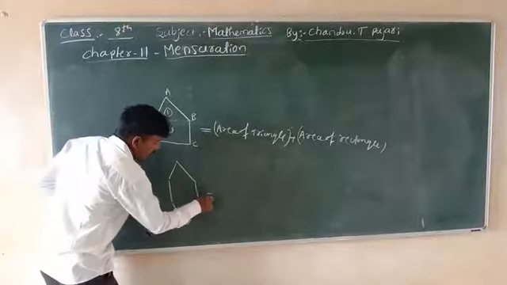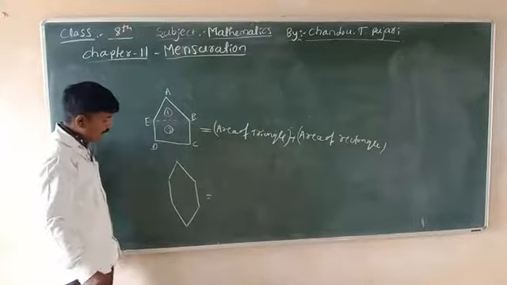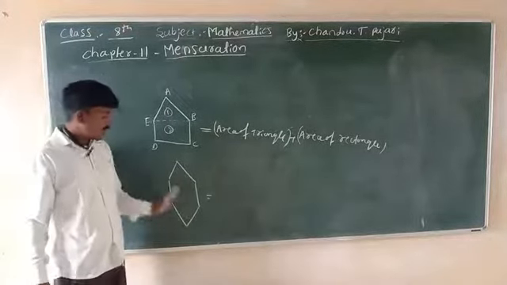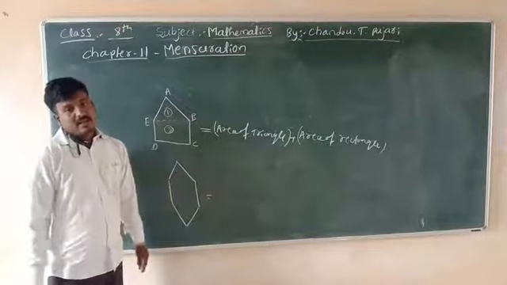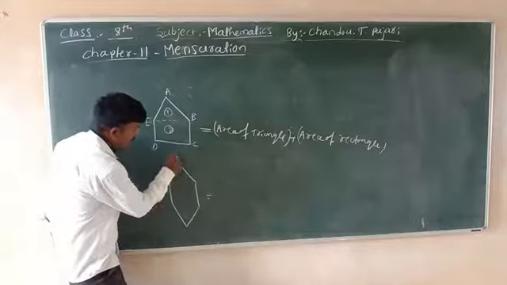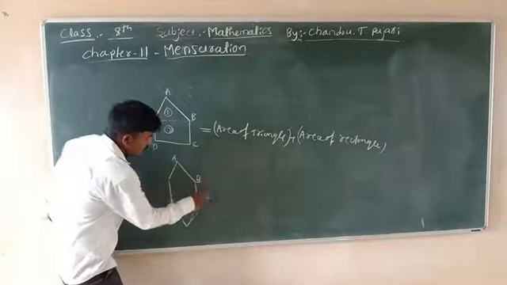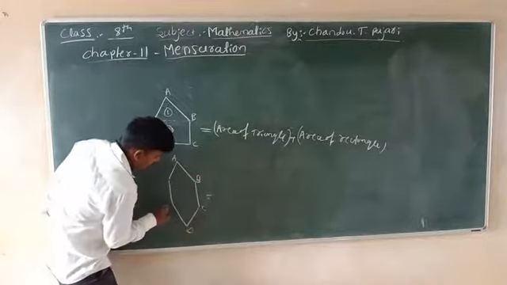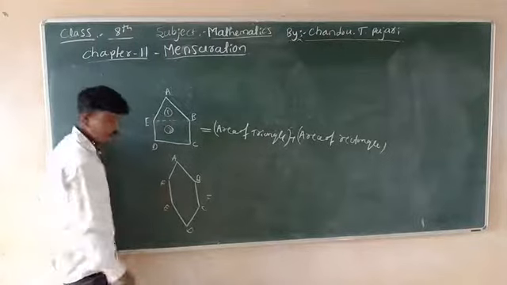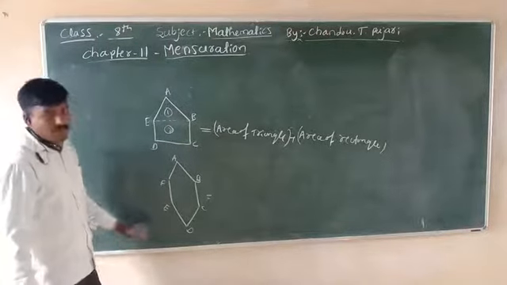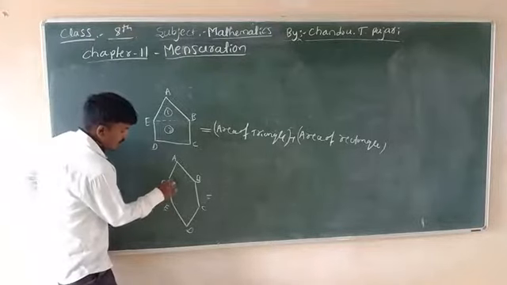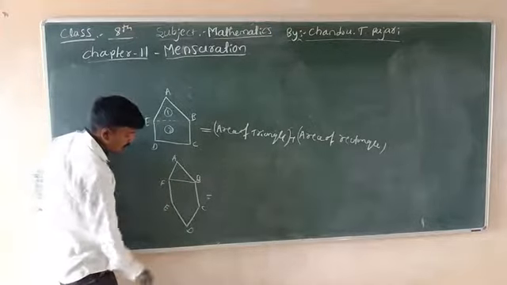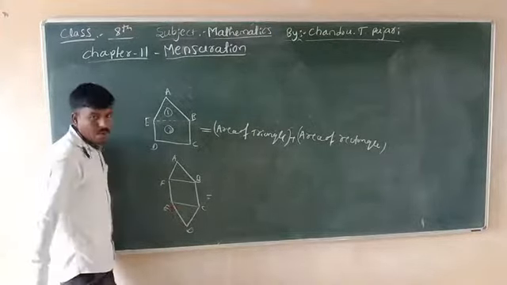Find out the area of the hexagon. This hexagon can be divided by two methods. In the first method, take ABCDEF as the hexagon. Construct BF as one diagonal and also EC as another diagonal.